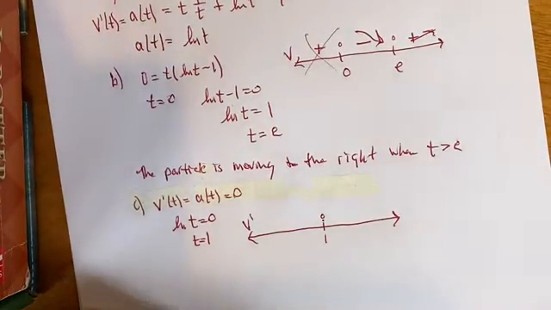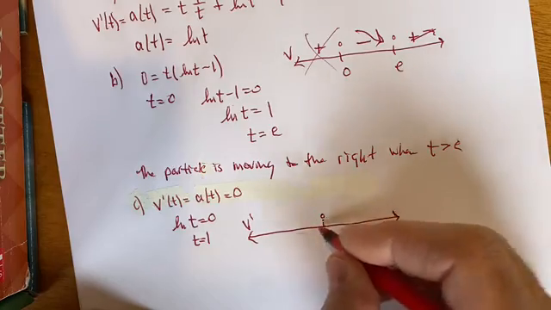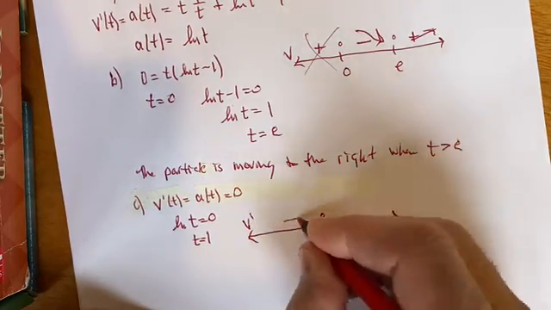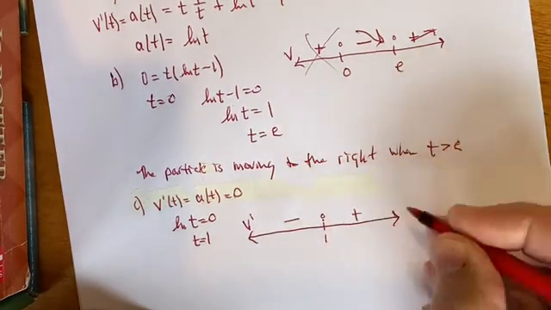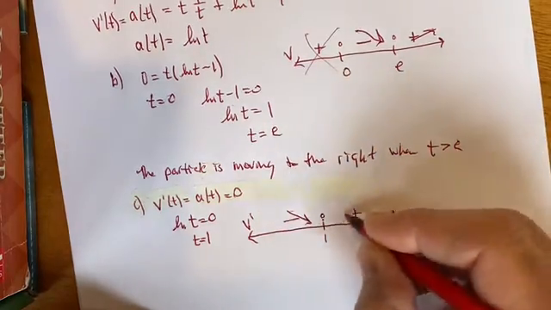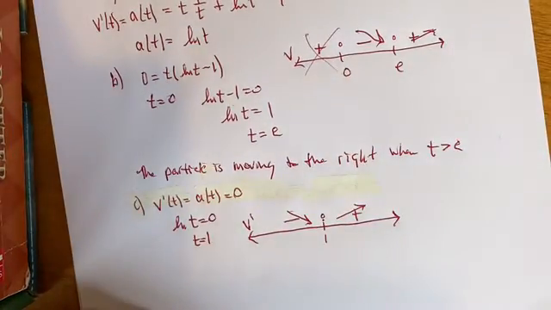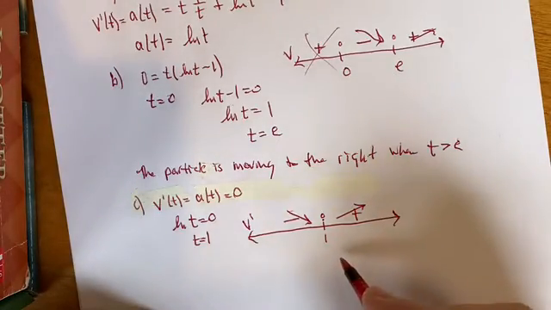Okay, so to the left of 1, the natural log of something that's less than 1 is negative. To the right of 1 is positive. So we can find the minimum occurs at time equals 1.